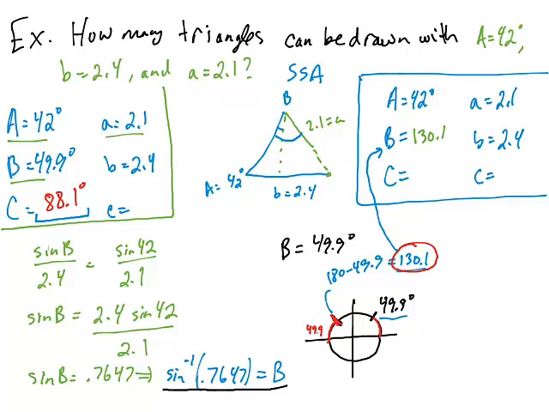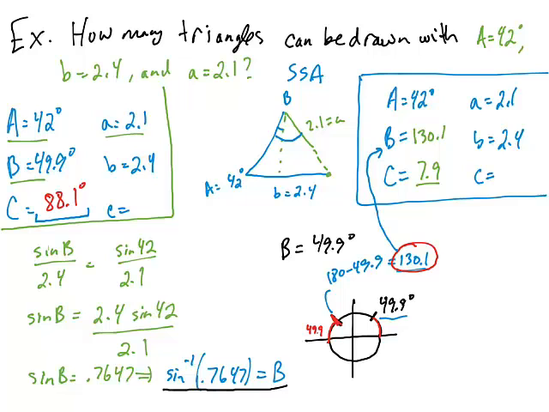And then what happens when we add 130.1 plus 42? We get 172.1. Then 180 minus that is about 7.9. So that would make the other setup for this second triangle.